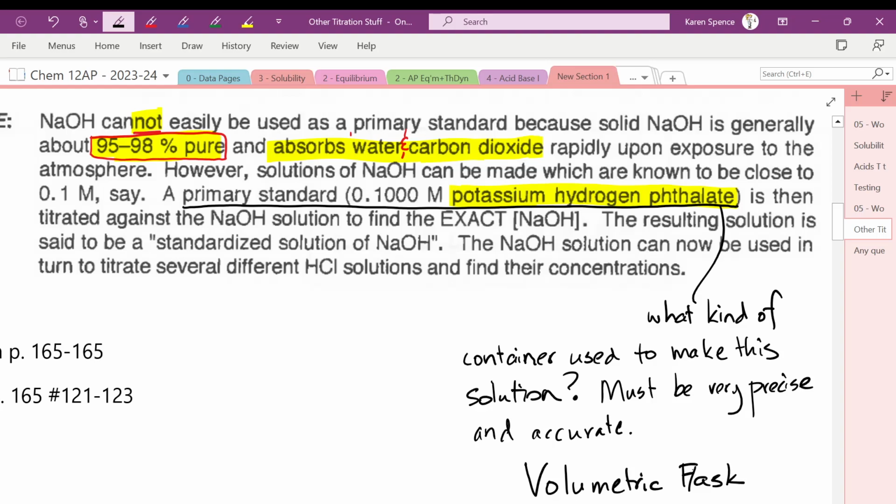Could you draw a picture of what a volumetric flask looks like-ish? I can only ish draw one, but see if you can draw a little volumetric flask.